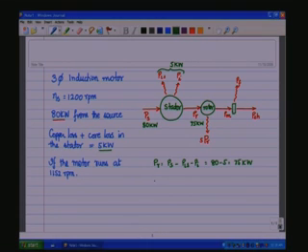Now what is S? The slip S is given by NS minus NM by NS, which is equal to 1200 RPM minus 1152 RPM, which is the motor speed, divided by 1200, and that is equal to 0.04.